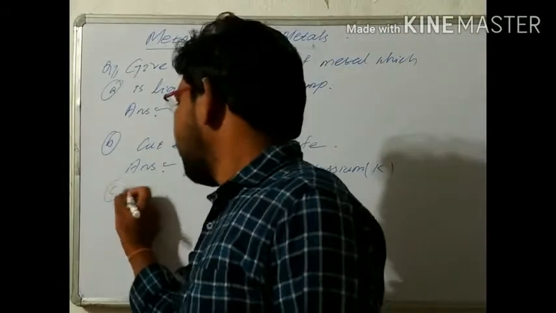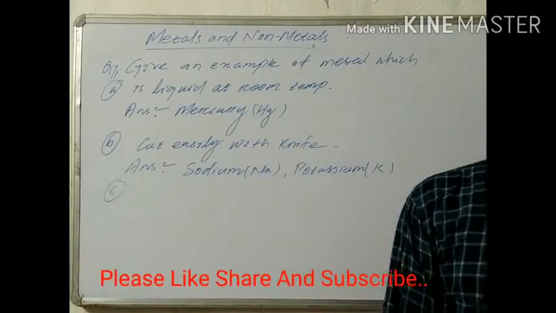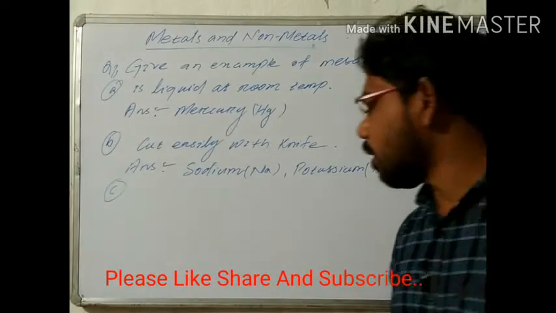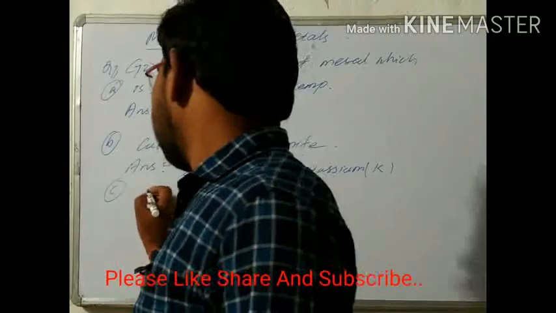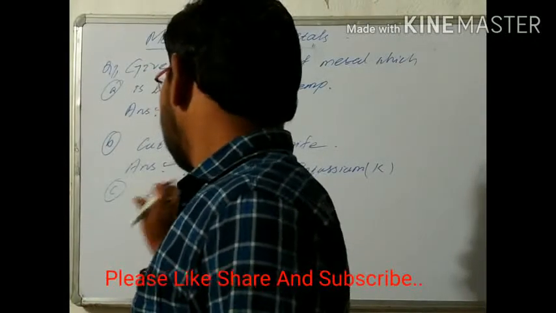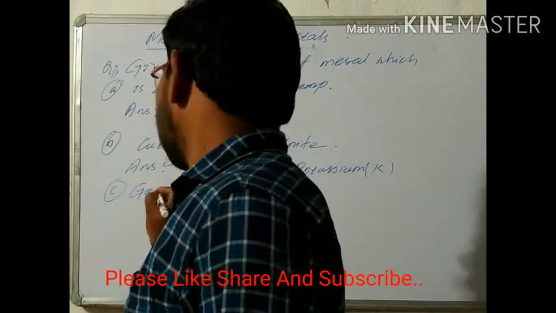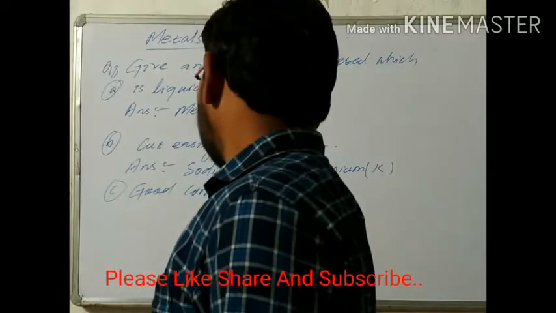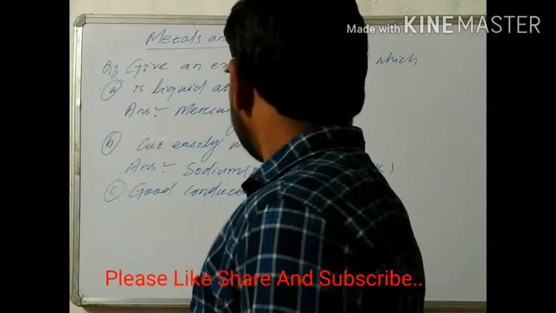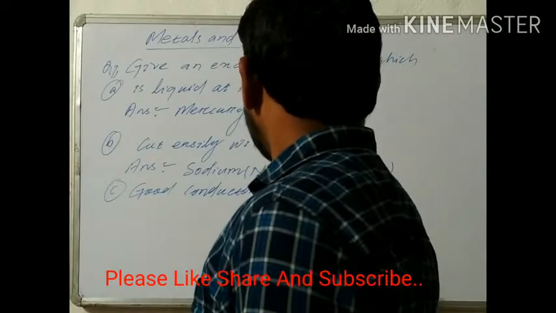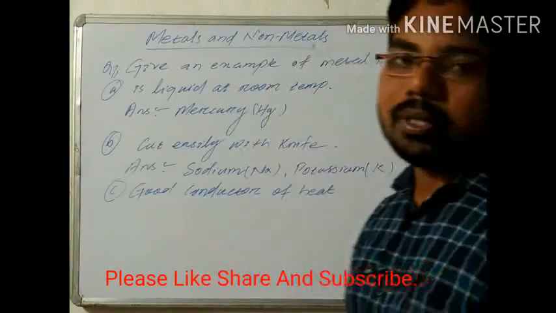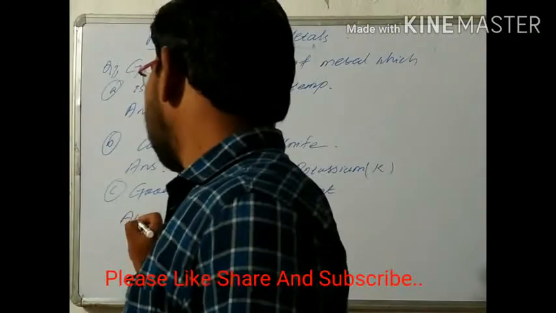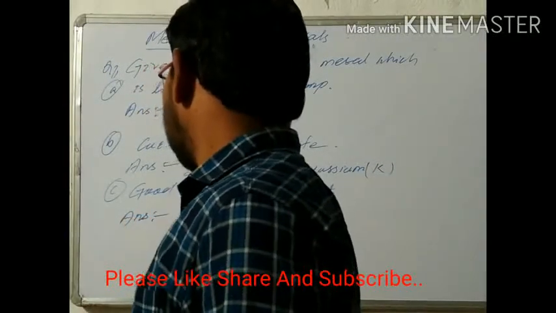And the next one: a metal which is a good conductor of heat. The metal which is a good conductor of heat is silver. Silver is a metal which is a good conductor of heat.